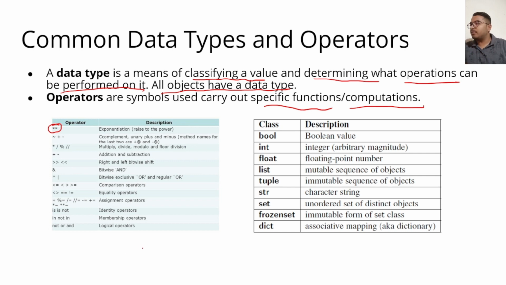This one raises anything to a power. If I have to raise 2 to the power 4, I'll give the command as 2**4. The Python program will recognize this and evaluate it as 2 power 4, which is 2 into 2 into 2 into 2.